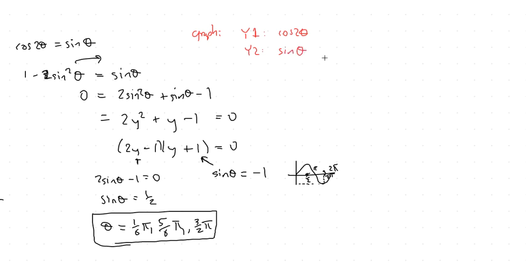You graph it, and if you set up your view window correctly, which you'll need to do, and if you can't work out how to do that, just ask me, you should get this kind of graph of cos 2 theta, which should look like that, and you should get a graph of sine theta as well.